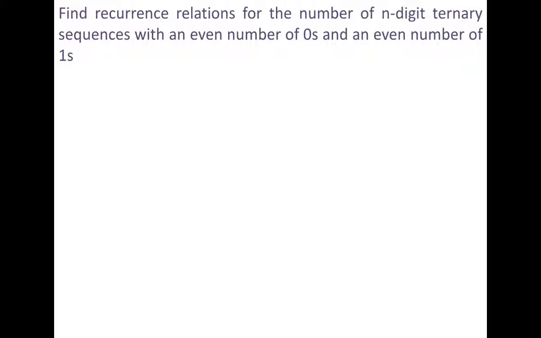The next one is to find a recurrence relation for the number of ternary sequences of length n with an even number of zeros and an even number of ones. So now it's more complex. One thing you can observe here is that, like in the previous case when I did 3 raised to the power n minus 1 minus a(n-1), I found sequences of length n minus 1 with an odd number of zeros.